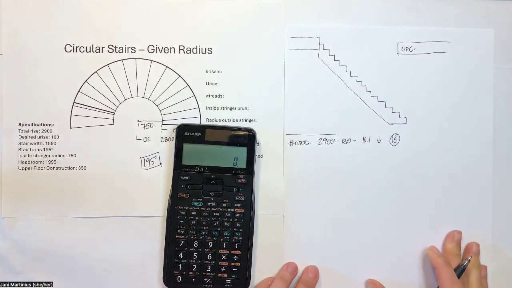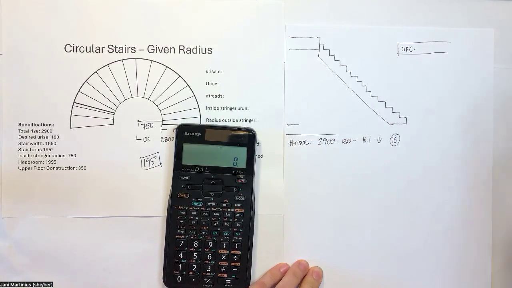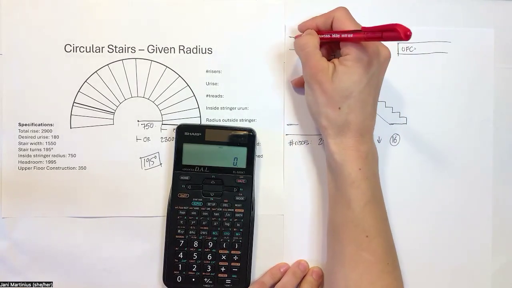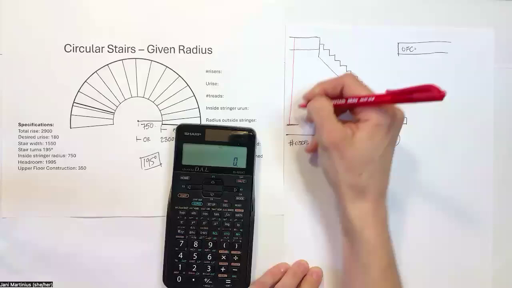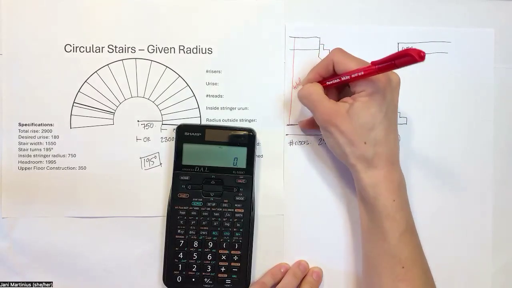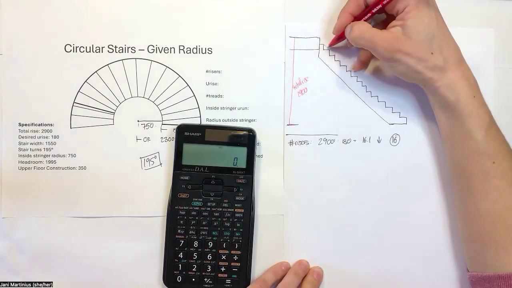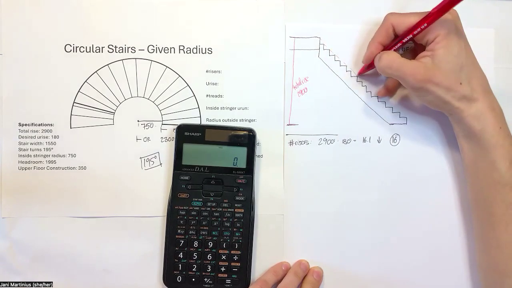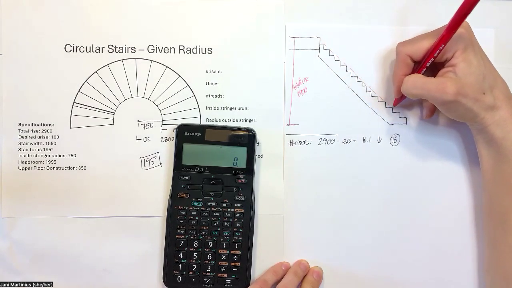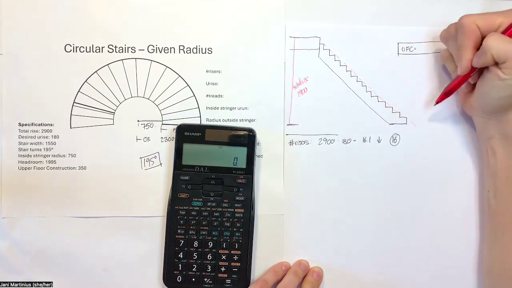So now we can pop in a few extra numbers. Our total rise, let's draw it in red. 2,900. Our nosing line, it's always a good one to draw in. And again, of course, it's supposed to touch the actual nosing of the stair.